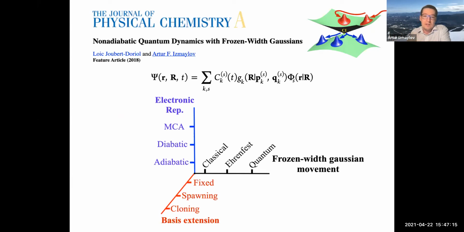Are they moving classically, maybe using Ehrenfest, or quantum mechanical equations of motion? Then you can also look at whether you want to have a finite number of Gaussians at all times, or you want to extend, spawn new Gaussians, or clone some of the Gaussians on different electronic states. And then the electronic representation can also be chosen in different ways. So all that is practically the same framework. It's just the different schemes, like multiple spawning has certain choices along these three coordinates.